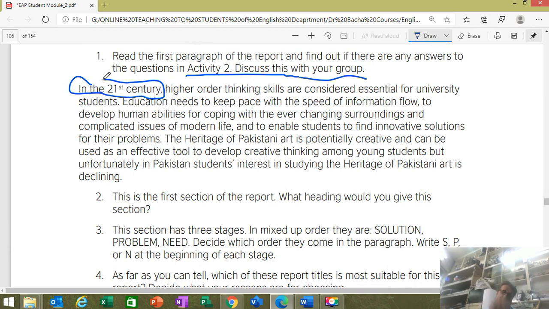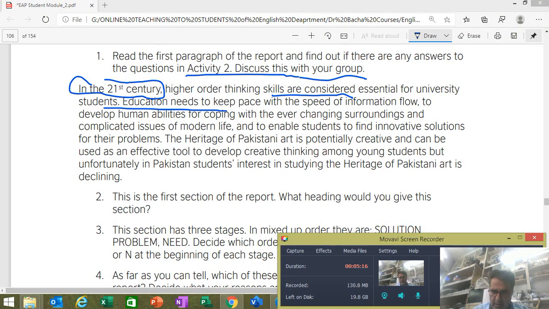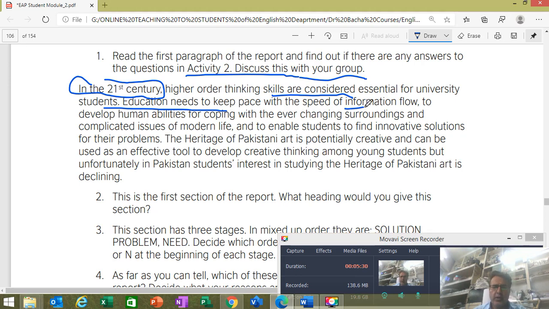In the 21st century, higher order thinking skills are considered essential for university students. Students need to keep pace with the speed of information flow. Education needs to keep pace with the speed of information flow, to develop human abilities for coping with ever-changing surroundings and complicated issues of modern life, and to enable students to find innovative solutions for their problems.